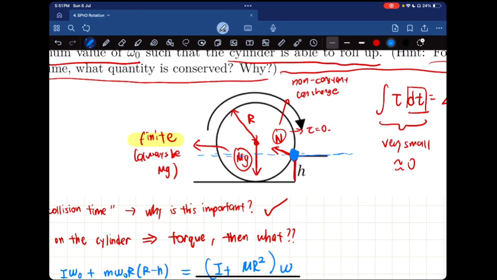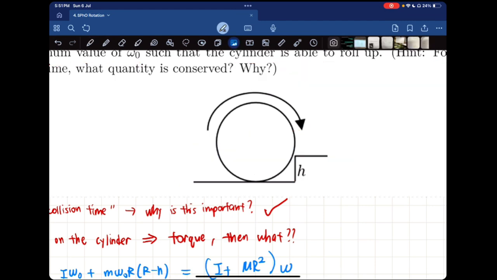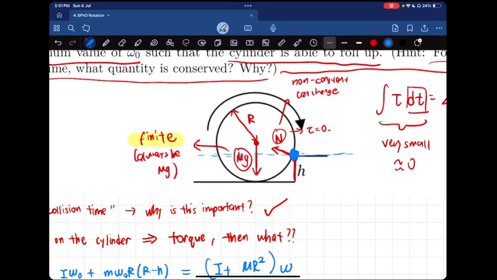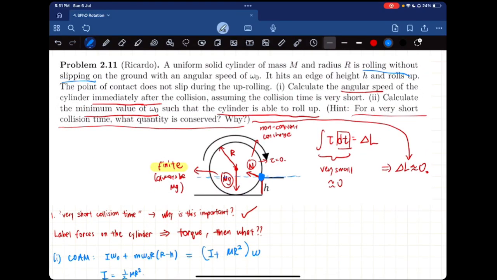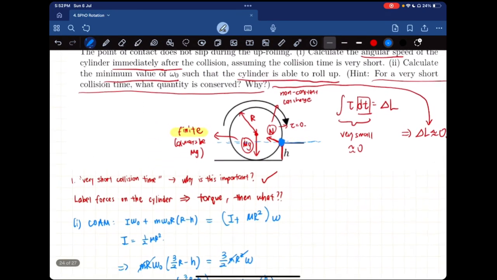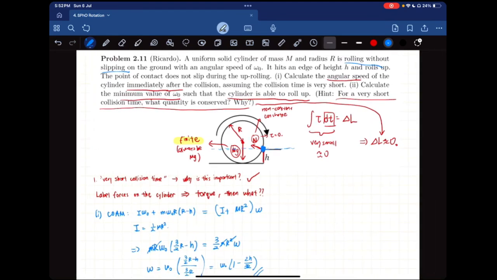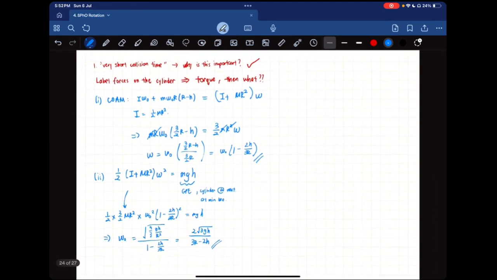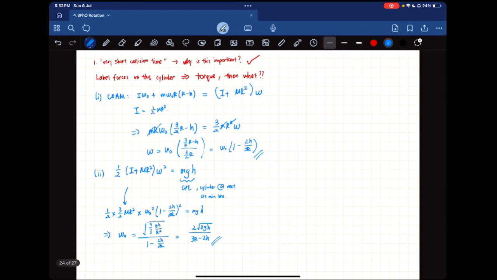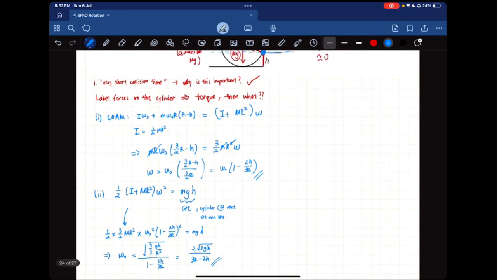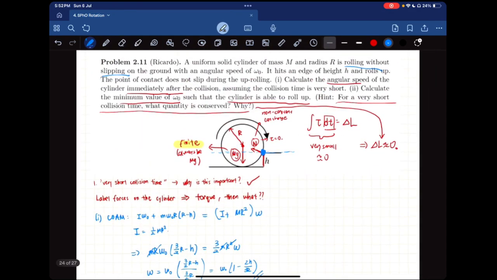That's why your angular momentum is conserved. So this explains why you're able to use COAM, even though you have a torque, technically. Okay. So that's for this problem.